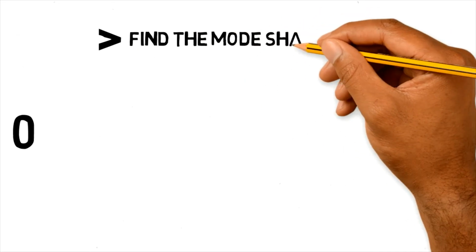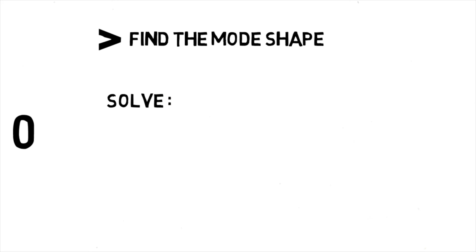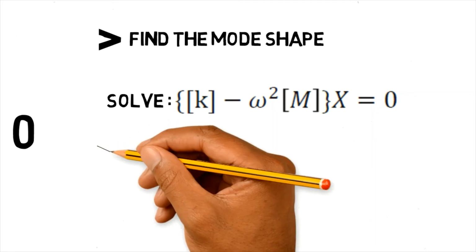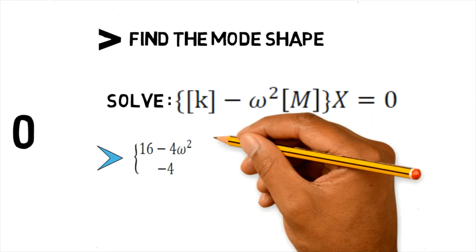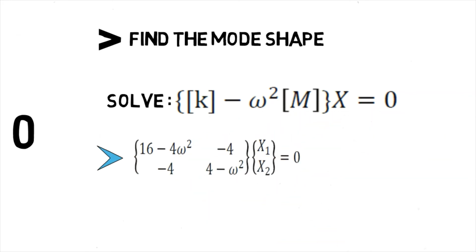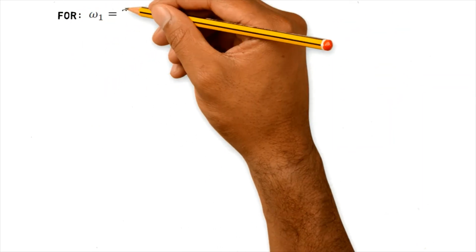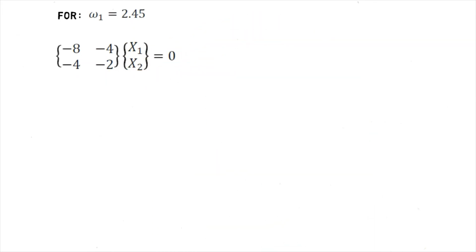In order to find the mode shape, the value in equation of motion is then arranged in the equation shown. Using the previous equation, the value of omega is substituted. The equation denotes a system of 3 homogeneous linear equations in 2 unknowns.